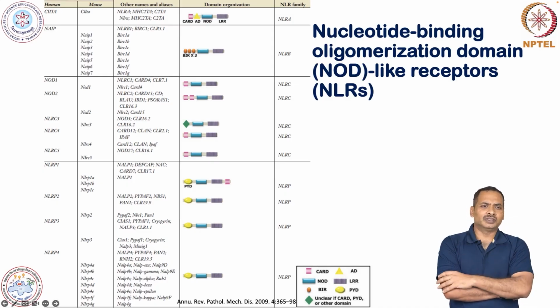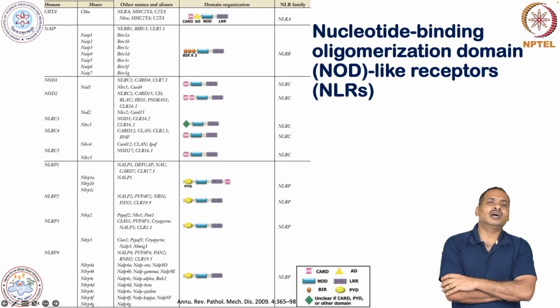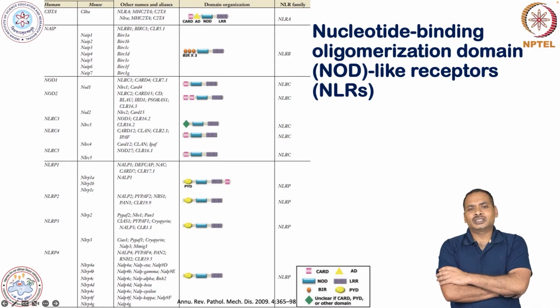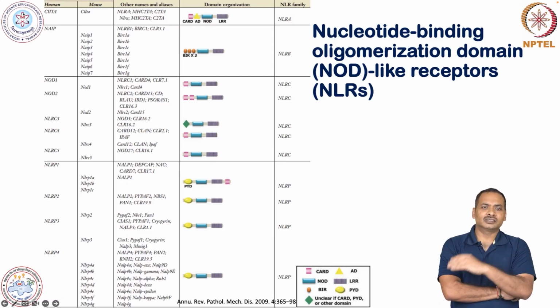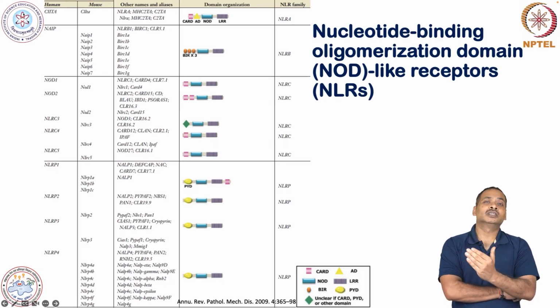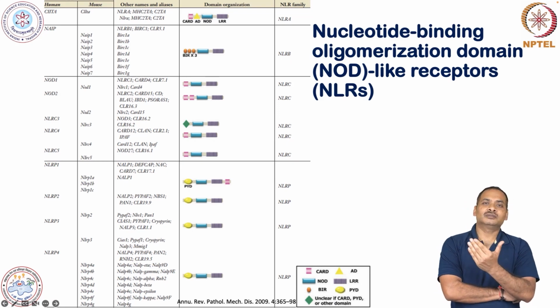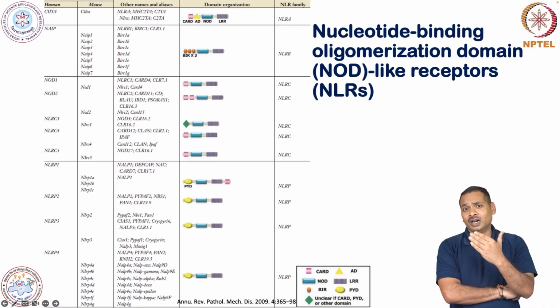So I will begin with CIITA. It is the class 2 transactivator protein, and it has a CARD domain. You remember the CARD, caspase recruitment domain or caspase recruitment and activation domain, which I discussed in the previous session on RLRs.